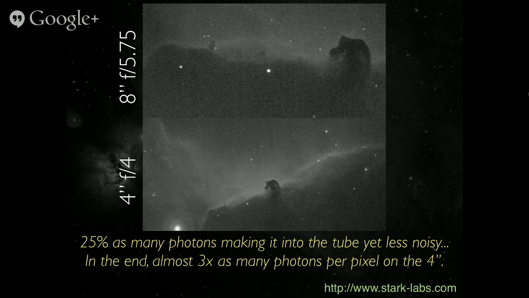So despite spotting the 8-inch telescope all of those photons, 3 out of every 4 photons thrown away because they're never even making it inside the lens, it's less noisy. In the end, you're getting almost 3 times as many photons per pixel on the small 4-inch scope as you are on the 8-inch scope. And that's why the image looks so much sharper and so much less noisy.